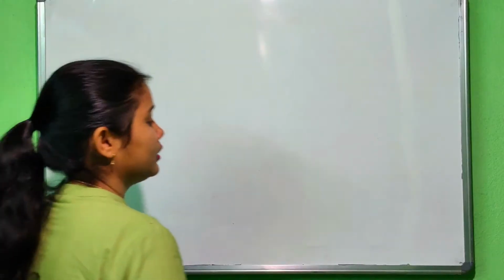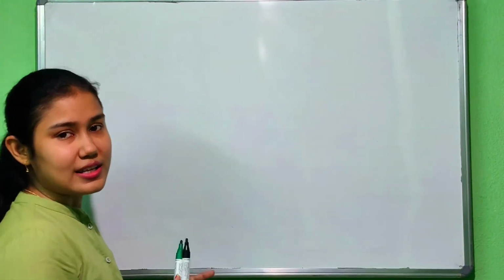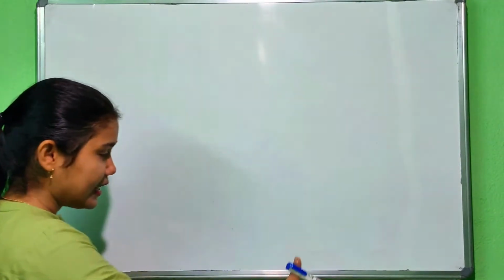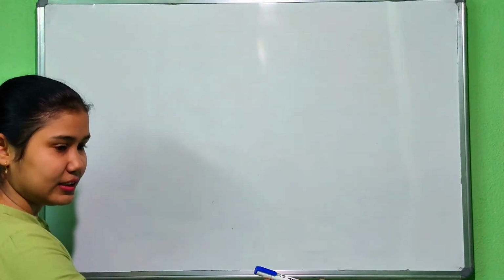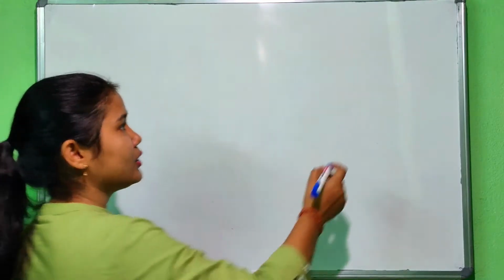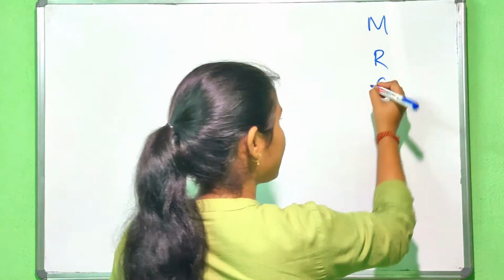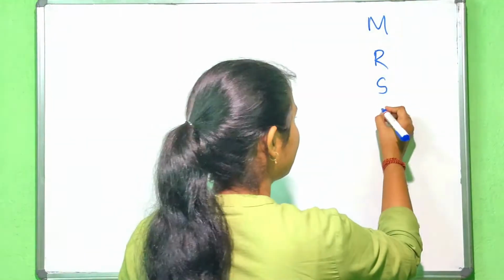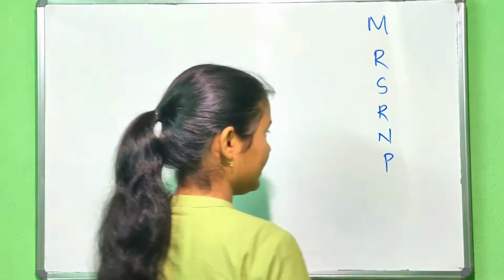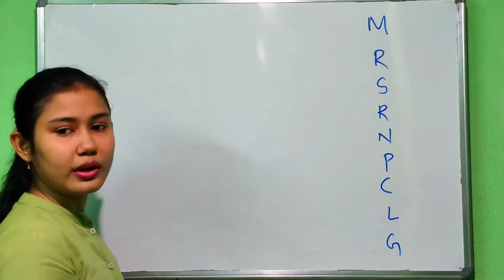Okay? Now, let's start drawing an animal cell. First, let's write the various components in their short form so that we will not miss out anything. M, R, S, R, N, P. Then, C, L and G. Okay.